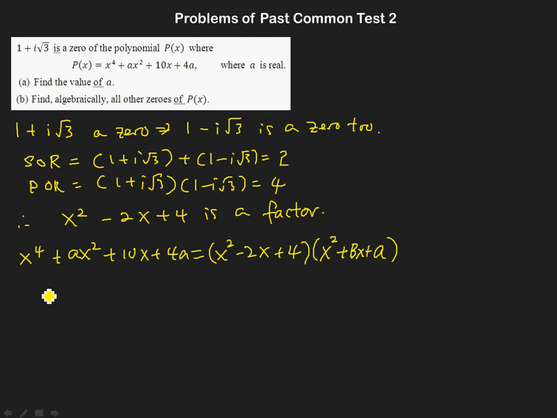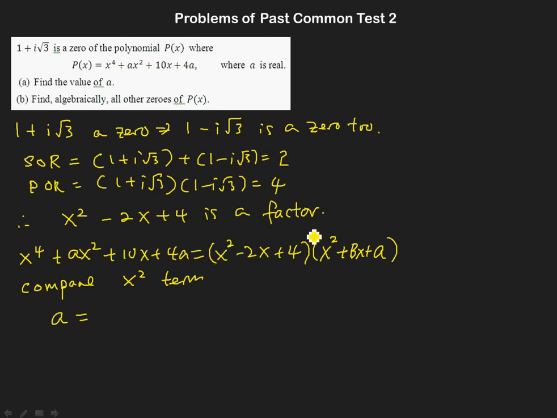We don't really have to expand it, but by observation we compare, say, the x squared term. The x squared term on the left hand side is a, and how about the right hand side?